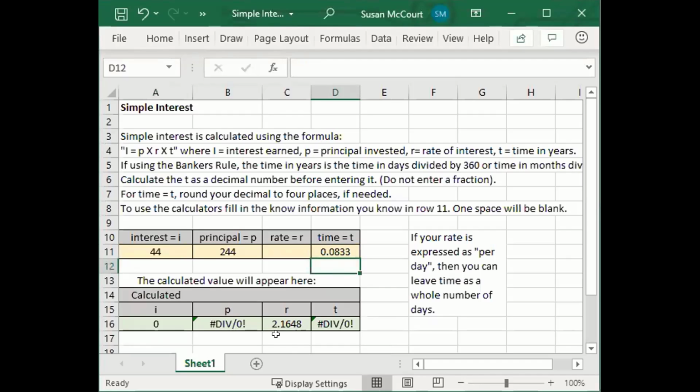So when we calculate, we get a rate of 2.1648. And that 2.1648 is actually, if we change it to a percent, 216.48%, much higher than we anticipated.